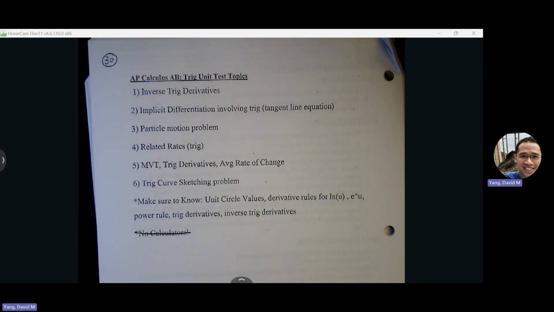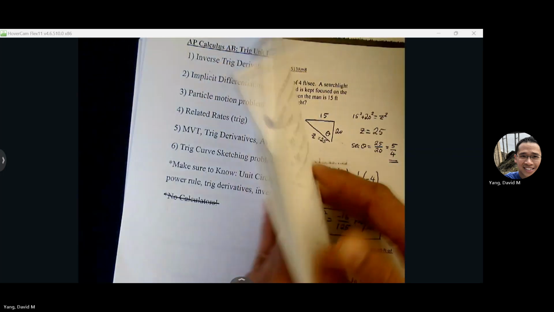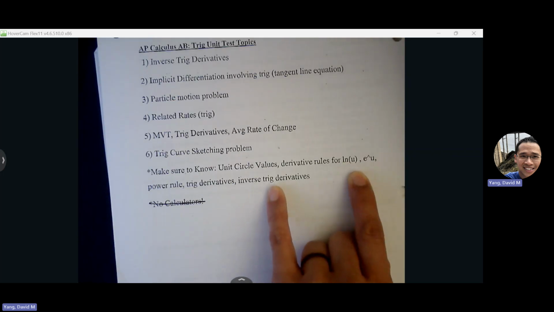Related rates, we've been working on that. Mean value theorem, we can revisit that today or tomorrow. And then focusing on trig curve sketching problems a bit more today as well. And then we can also practice our derivative rules at the end of class today.